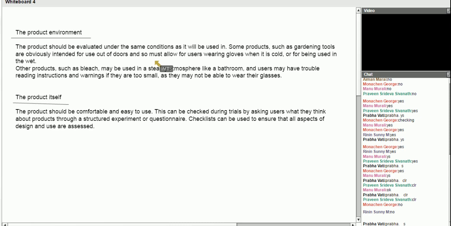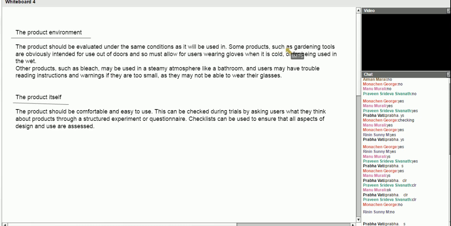So while doing the product evaluation, the ergonomist makes sure that the temperature or the environment is the same or similar as the environment in which the user will be using that product, to check its characteristics.